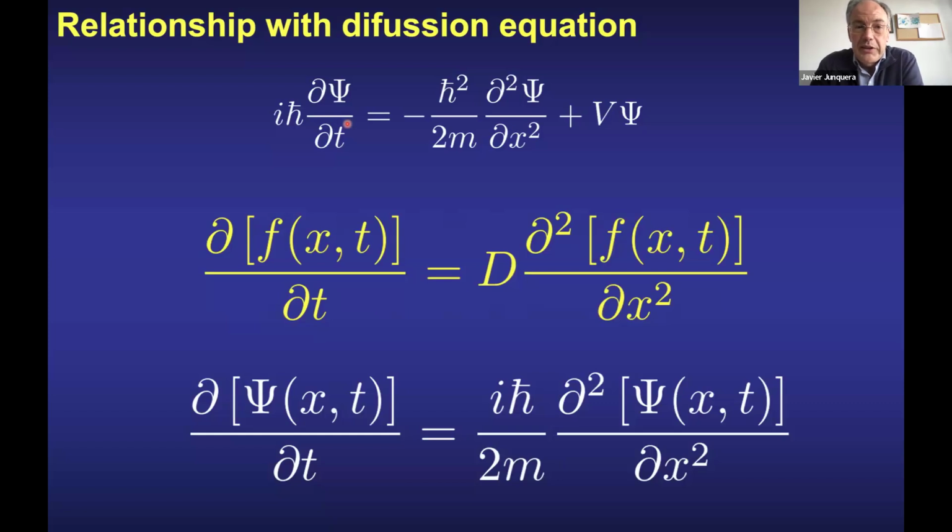So let's take a look, for instance, at the diffusion equation in classical mechanics, where you have a given property, maybe temperature or density of particles or whatever, and this property depends both on space and time, and then the diffusion equation in classical mechanics takes this form here. And as you see, at the left-hand side we have the partial derivative of, let's say, temperature with respect to time, and this is equal to a constant times the second derivative of this function with respect to space twice.